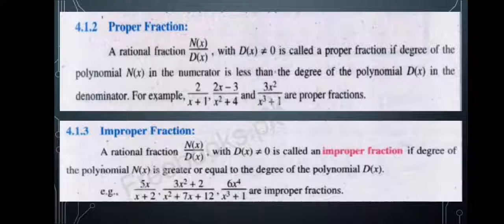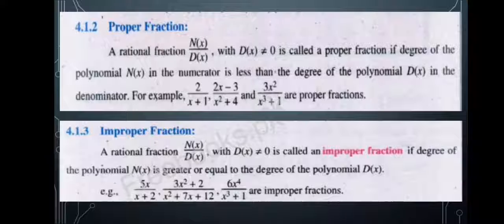Next is proper fraction. Now what is proper fraction and what is improper fraction? Proper and improper fractions are actually the types of a rational fraction, in which if a rational fraction is having a polynomial in the numerator with lower degree than that of the polynomial in the denominator, then the fraction is considered as a proper fraction.